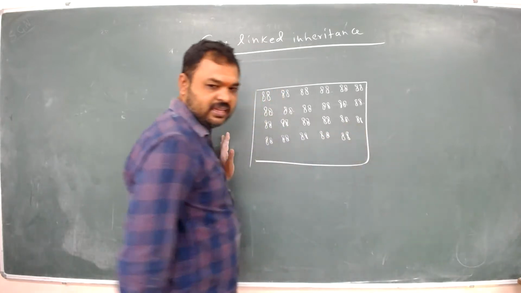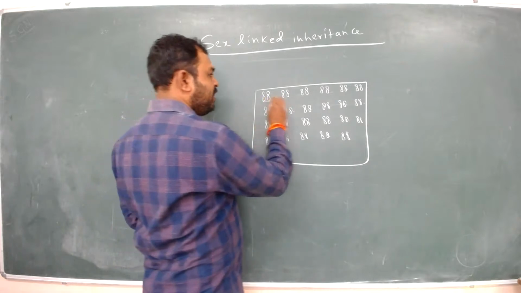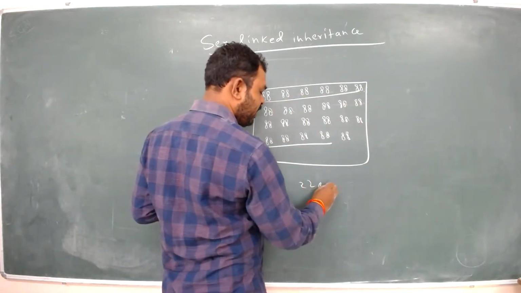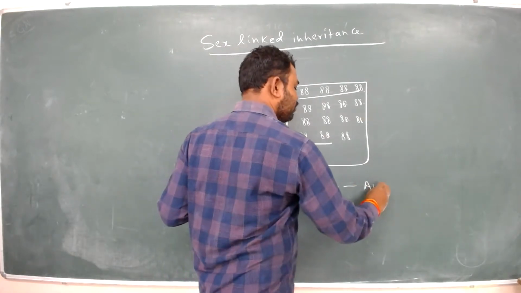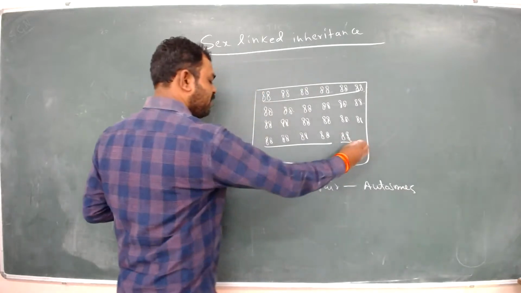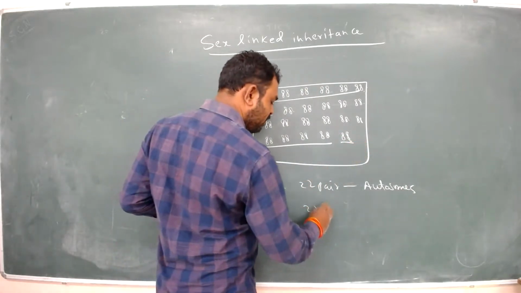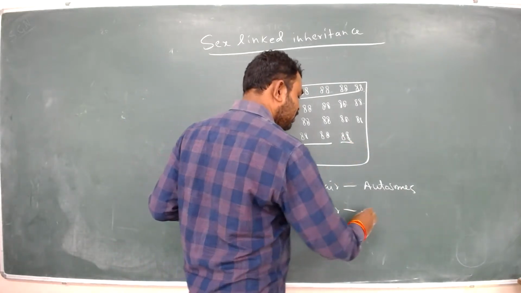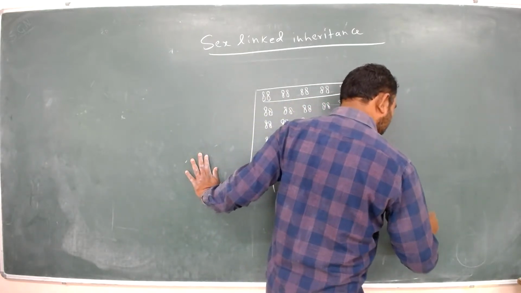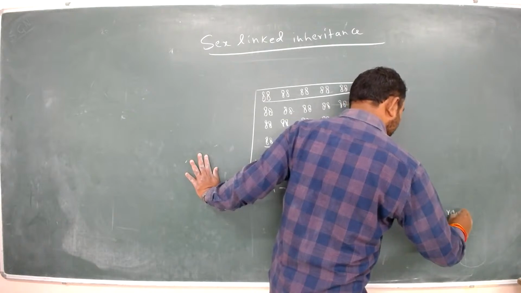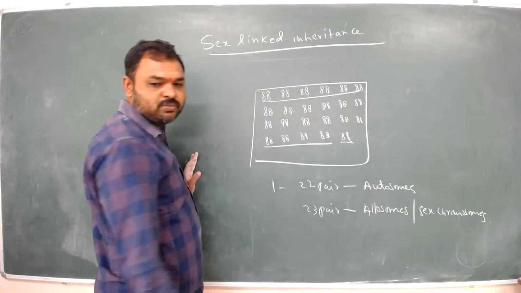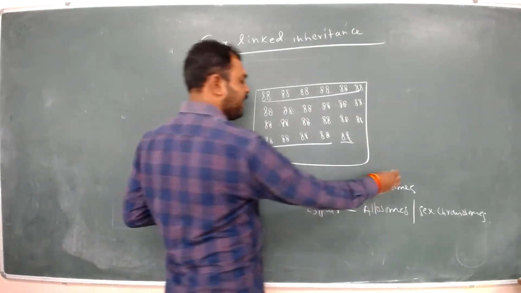The first pair to the 22nd pair are called autosomes. The last pair, the 23rd pair, is called allosomes, also called sex chromosomes. Normally, autosomes are responsible for body characters.